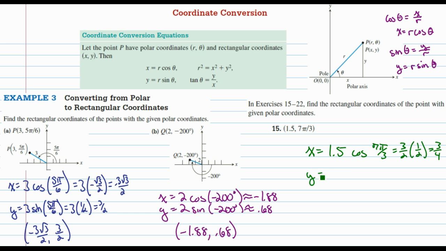Then the y-coordinate is going to be 1.5 times the sine of 7 pi over 3 again. That's going to be 3/2 times square root 3 over 2, so that's 3 square root 3 over 4. So the xy coordinates of this polar point converted to rectangular coordinates is going to be 3/4 comma 3 square root 3 over 4.